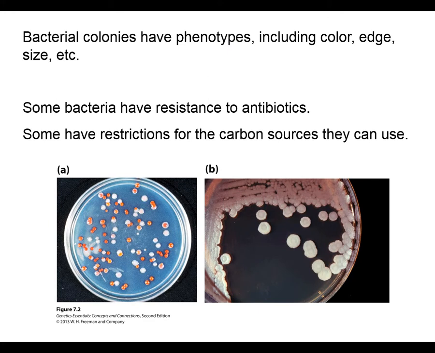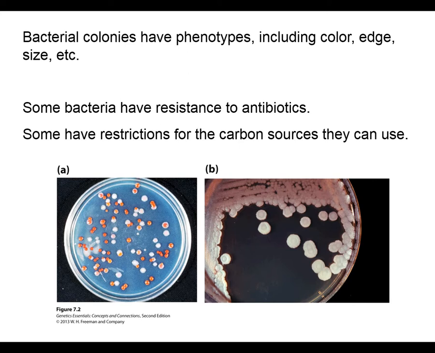Bacteria, when grown on a plate, like I said, form colonies. A colony grows from a single bacterial cell into a pile of clones of that bacterial cell. And interestingly, bacterial colonies have phenotypes of their own, including color of the colony, edge, puffiness, size, all sorts of different characteristics that bacteria can have when they grow in colonies, and some examples are shown here in pictures A and B. Some bacteria have extra genes or have mutations in genes that lead them to have resistance to antibiotics.